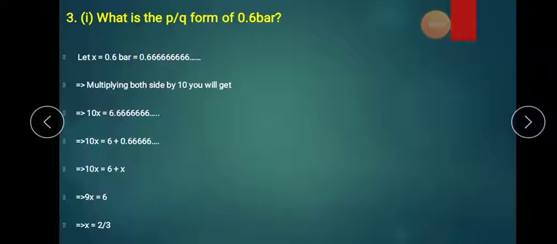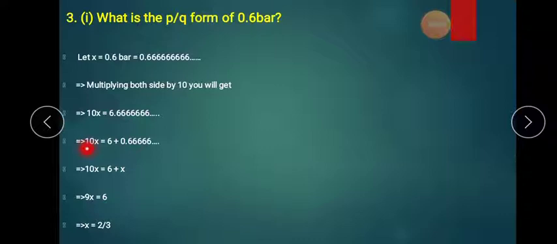If we are multiplying with 100, the decimal point will shift 2 steps towards the right. If we are multiplying with 1000, the decimal point will shift 3 steps to the right hand side. So as we are multiplying with 10, we will get 6.66 and so on. Got it clear?